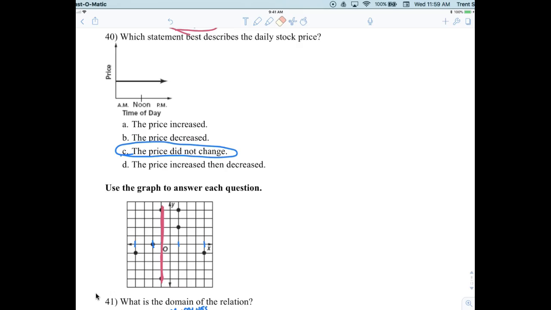I'm just a little confused. How can you tell? Well, if the price changed, it would be going like this. The price would be going up, the price would be going down. But this price always stayed the same. For example, if this was like 10, the price is always 10. Okay?